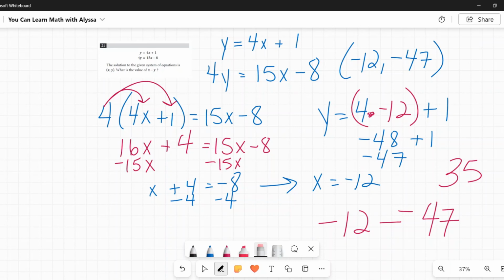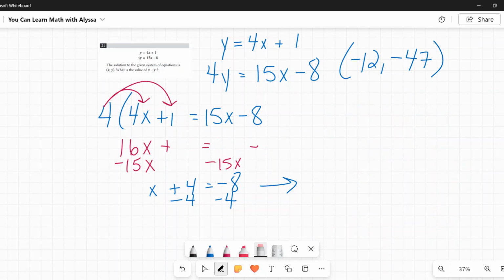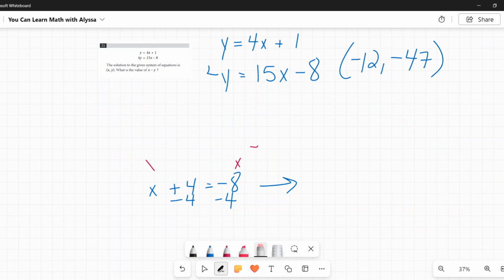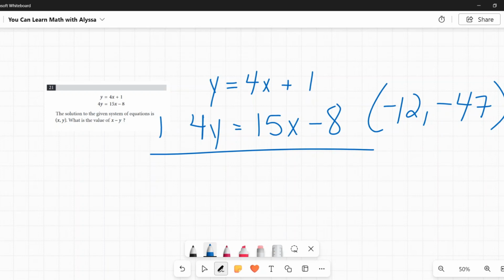All right, the elimination method, which if we have done this right, will give us the exact same thing. Elimination is where you want to make something cancel out. In this case, I think the easiest is to add these equations together and make the y's cancel out, because this is a positive 4y and I want a negative 4y. So I'm going to multiply all of the first equation by negative 4.